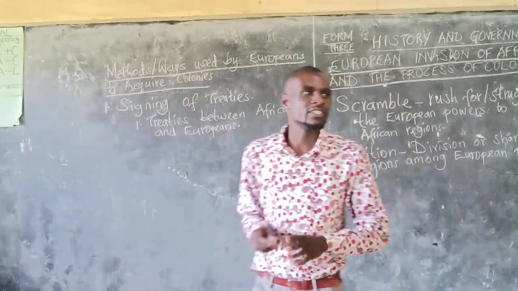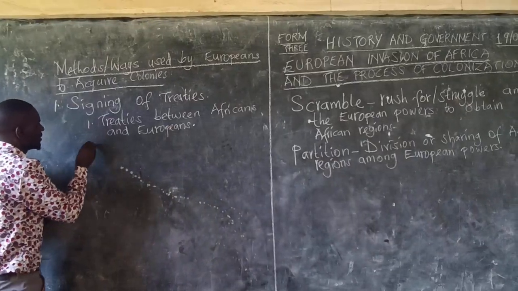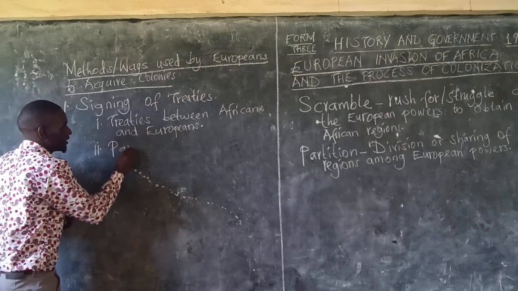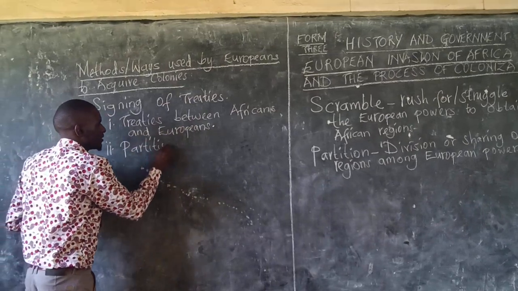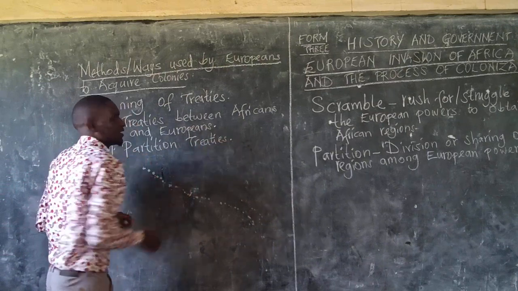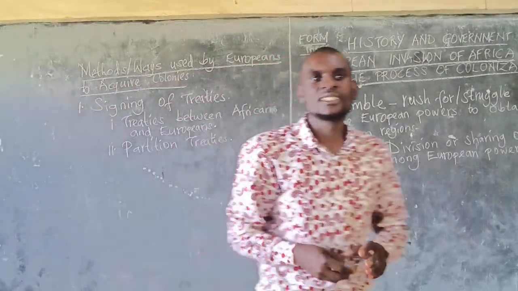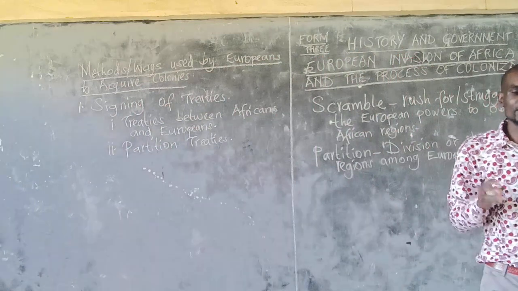Another type of treaty was the Partition treaties. These were the agreements signed amongst the Europeans when they clashed over a given region.